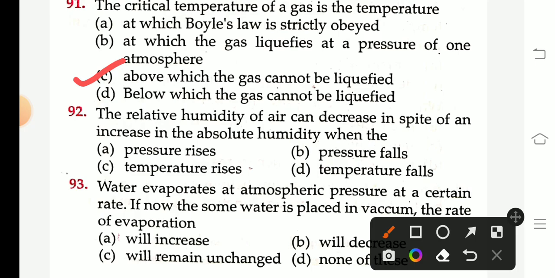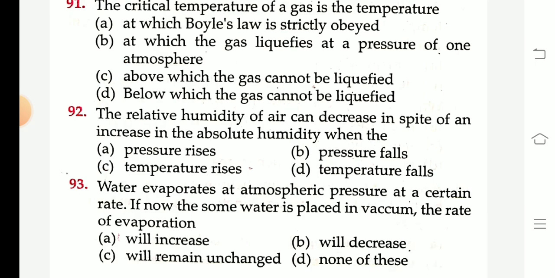Next, the relative humidity of air can decrease in spite of an increase in the absolute humidity when the. Right answer will be option C. Temperature rises.